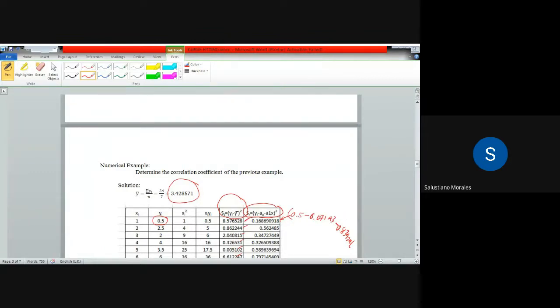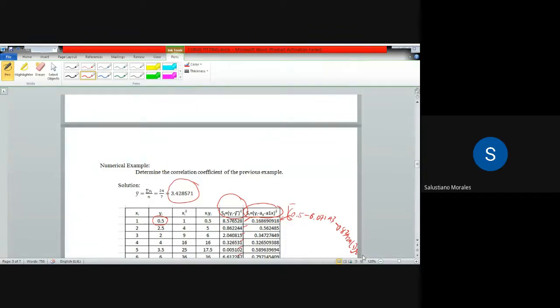Our x at that point is 1. Then we square it, and the resulting value should be 0.1686. So it needs to be squared.